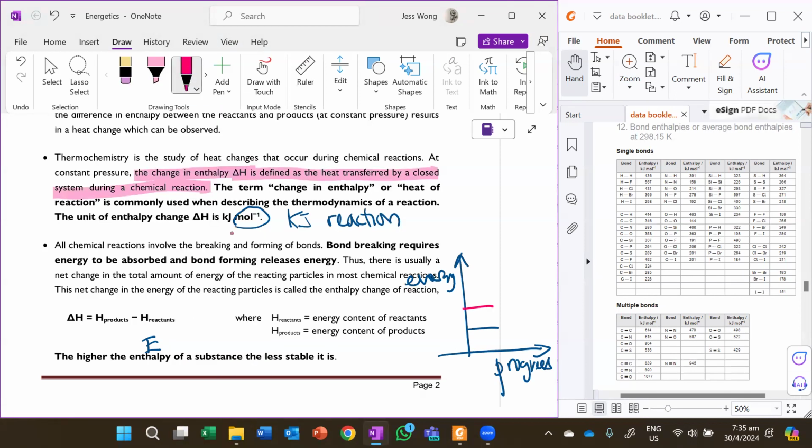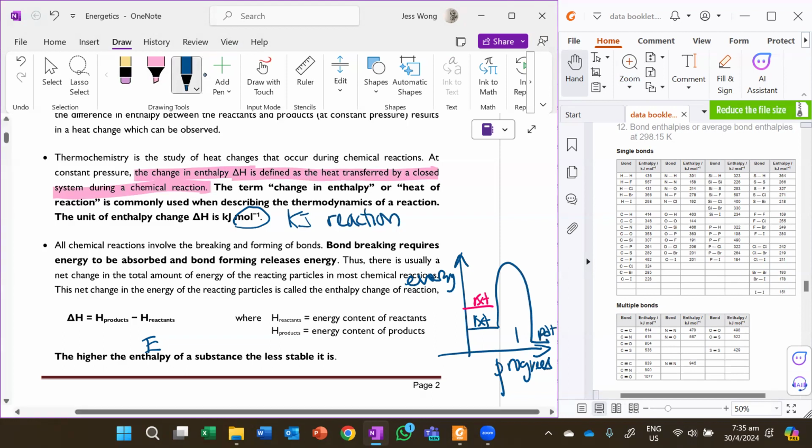The reactant in red has a greater energy or enthalpy and therefore is less stable compared to the reactant in blue, which has a lower enthalpy and is more stable. After a reaction, be it exothermic or endothermic, it forms a product, and the difference between the energy of the reactant and the product will be the delta H.